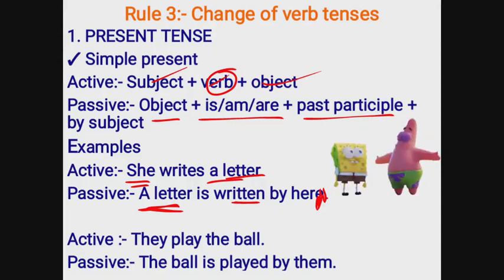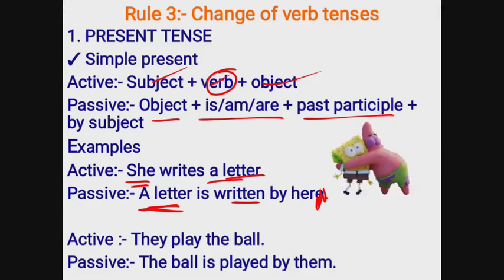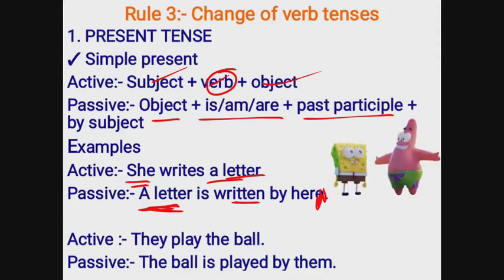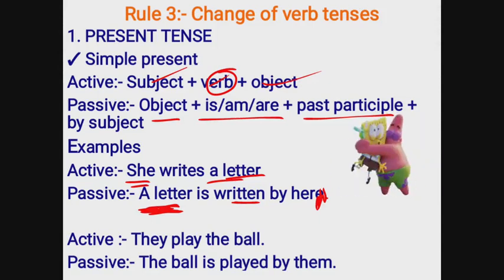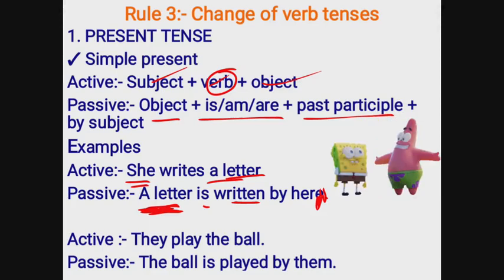Now, which of these should we take: is, am, or are? For a singular object we use is or am, and are is for plural objects. Now look at this letter very well here. A letter means just one letter. So we'll pick what?